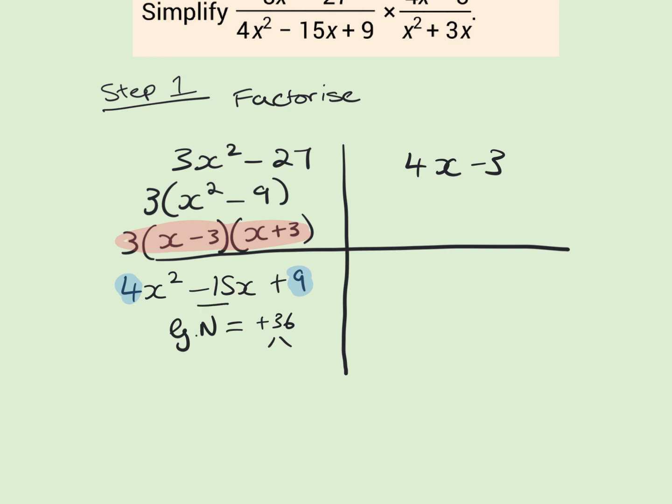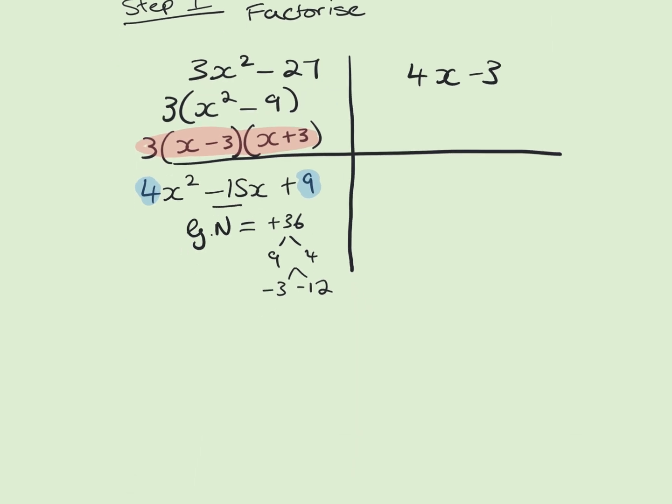So I have 9 and 4, obviously, 3 and 12, which I can see if I have a minus 3 and a minus 12. Minus 3 times minus 12 will give me plus 36, and minus 3 plus minus 12 will give me the minus 15.